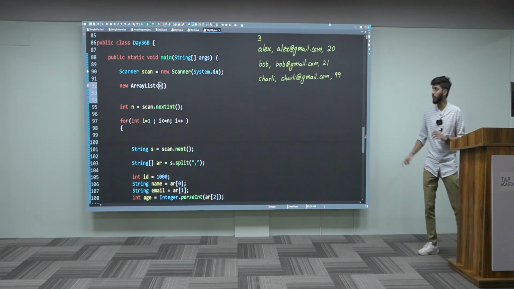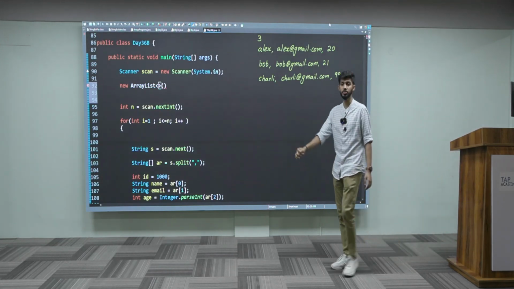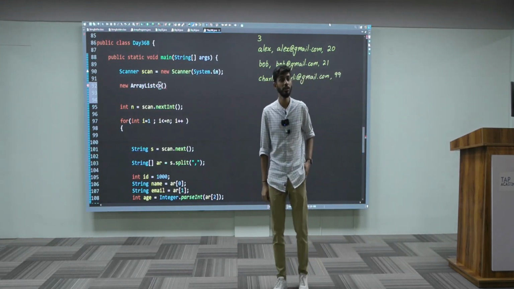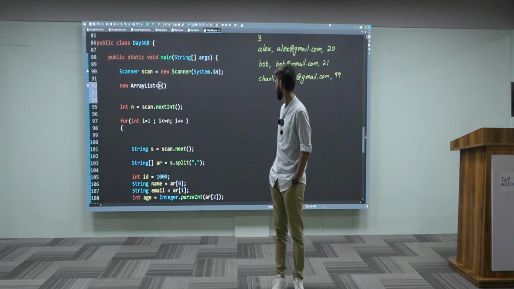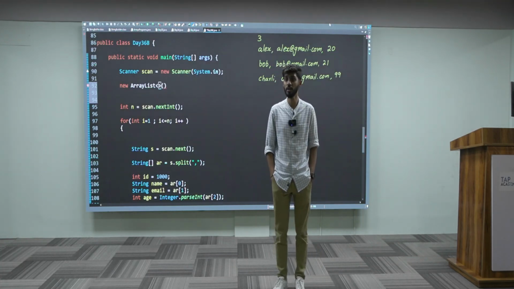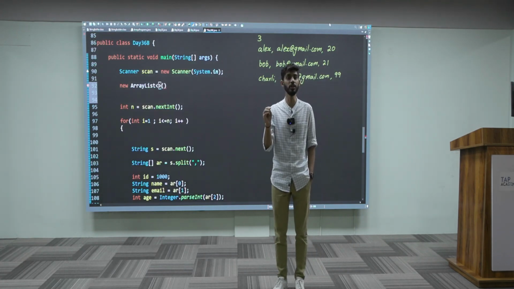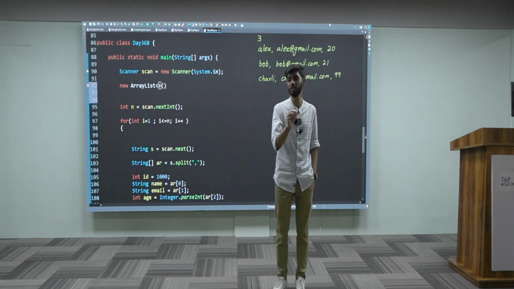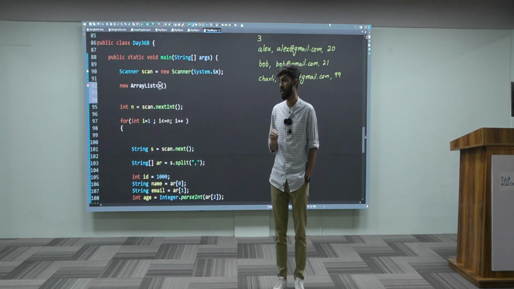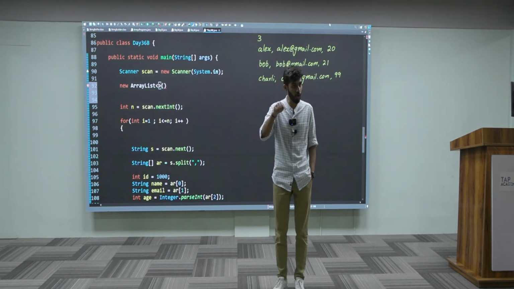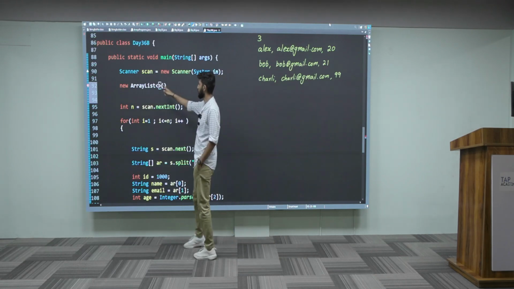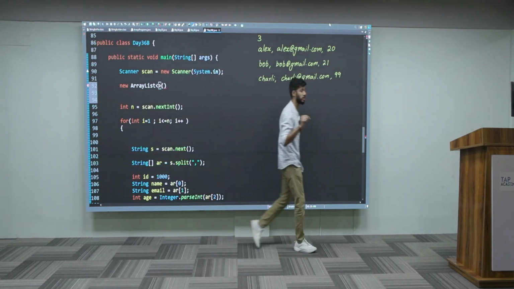Say me, what type of elements am I storing inside this array list? Huh? String. Wow. Huh? Object. We are storing customer objects. Whenever we were storing integer objects, we wrote integer. Now we are storing customer object.